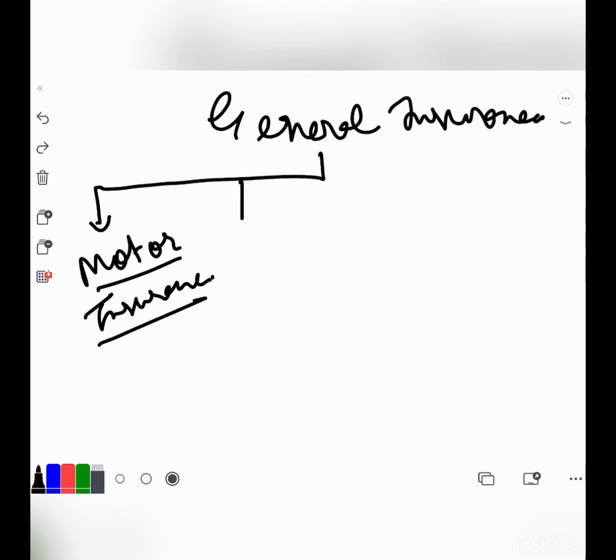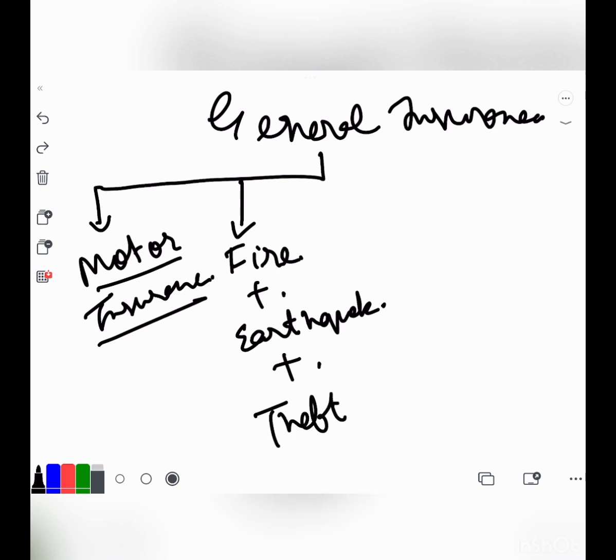The second insurance in general insurance is, say, fire, earthquake, theft. It is generally done for houses or for factories.